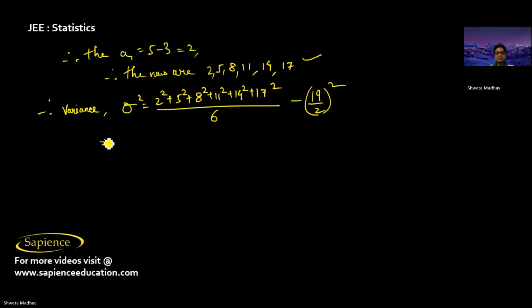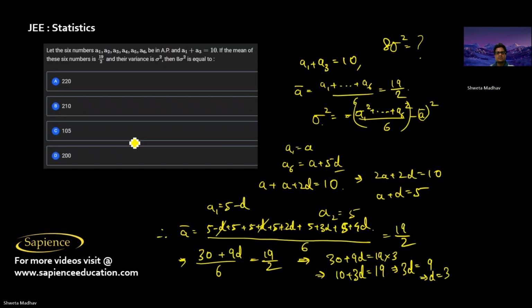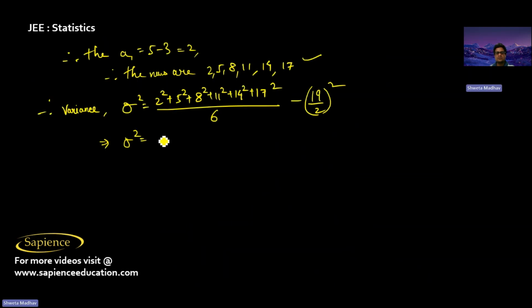So for sigma square that will be 4 plus 25 plus 64 plus 121 plus 196 plus 289 divided by 6 minus this is 361 by 4.